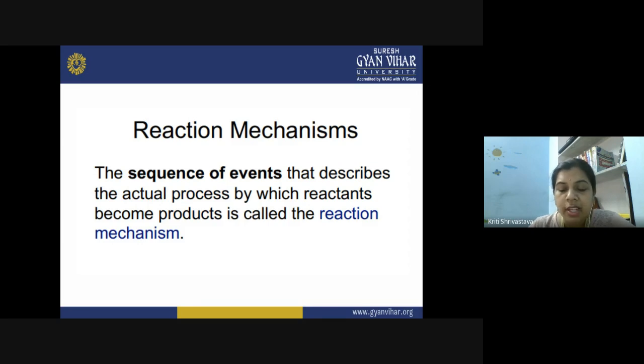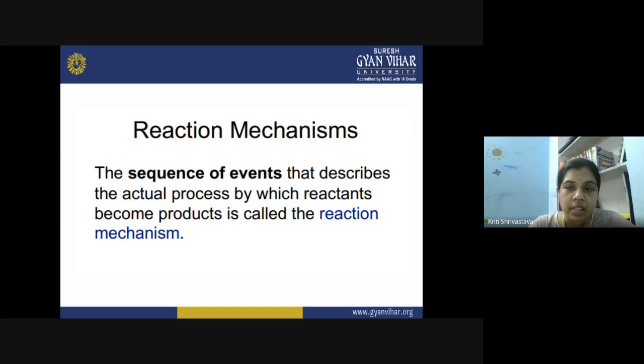First of all, let us see what a reaction mechanism is. It is the sequence of events that describes the actual process by which the reactants become products. Generally, the reaction mechanism is studied for complex chemical reactions.